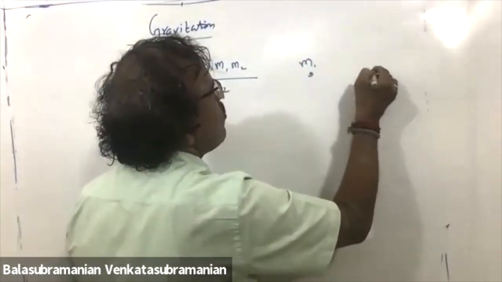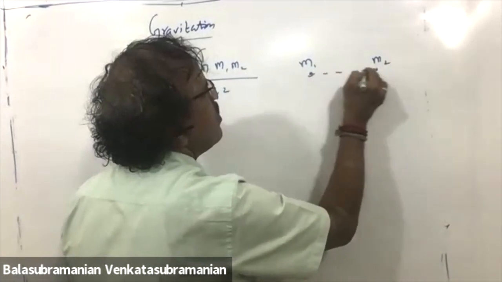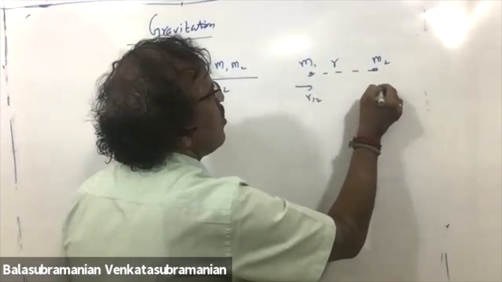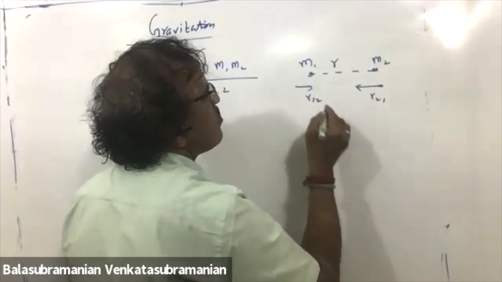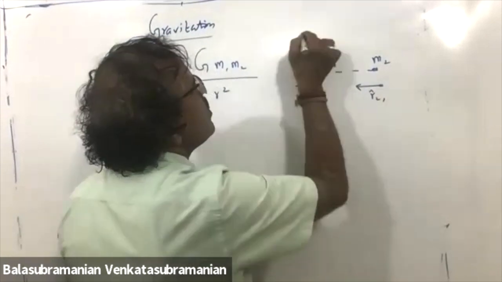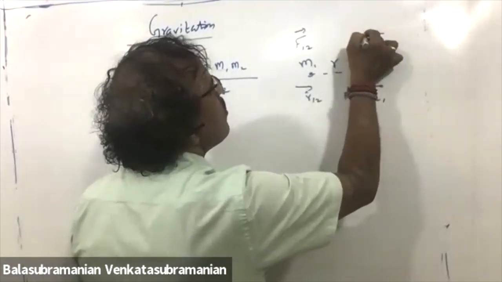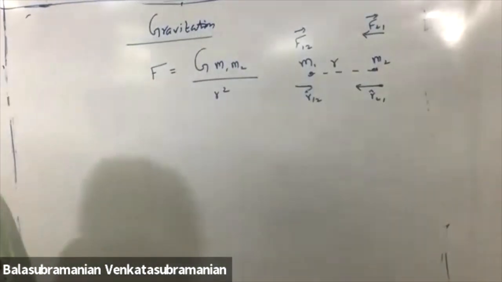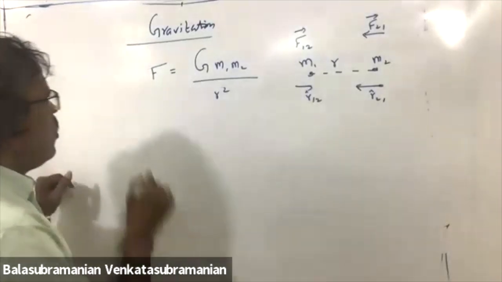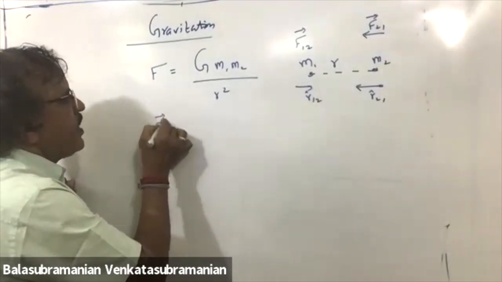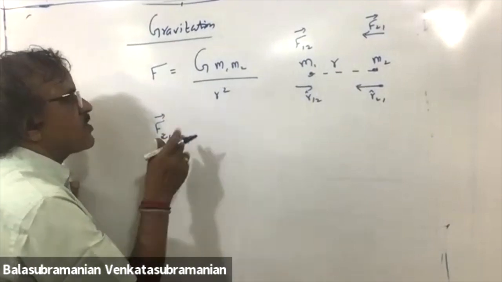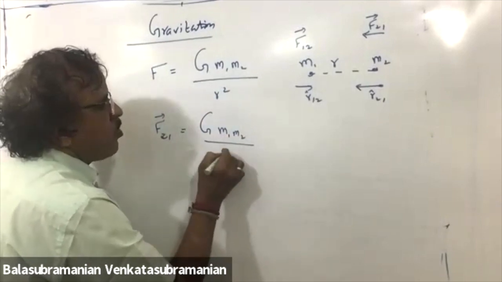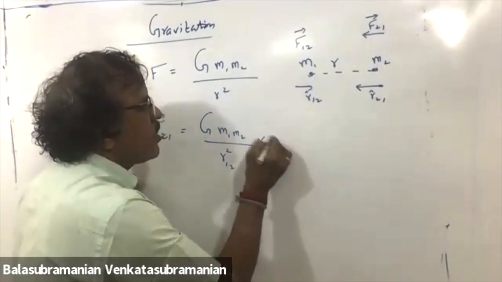One body of mass M1, another body of mass M2, distance is R. R12, R21, F12, F21. So, force experienced by the second body over the first body: G M1 M2 by R12 square, R12 cap.